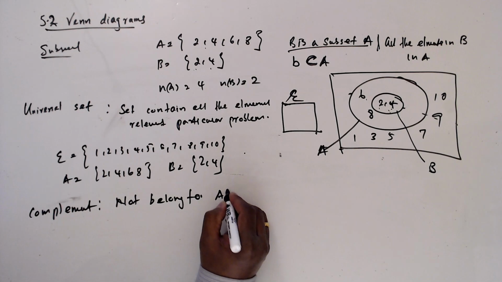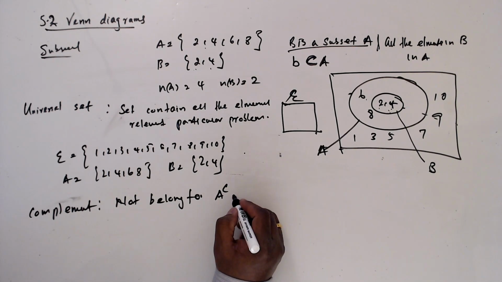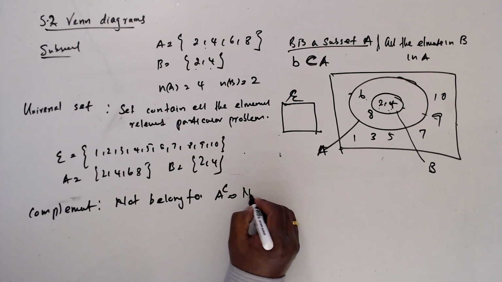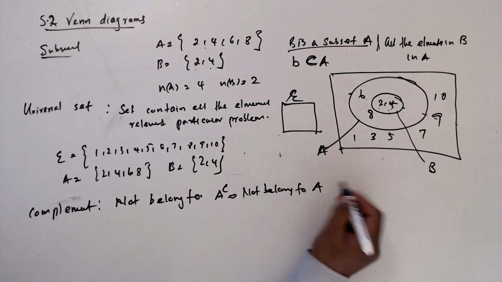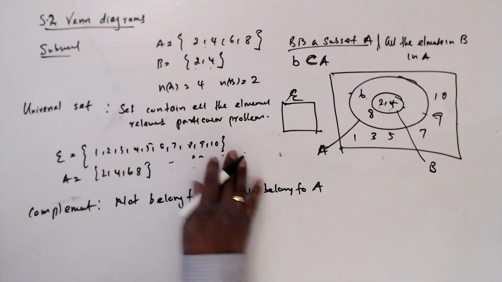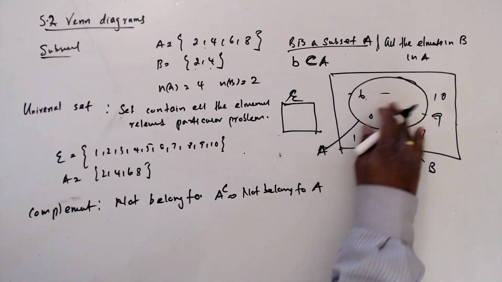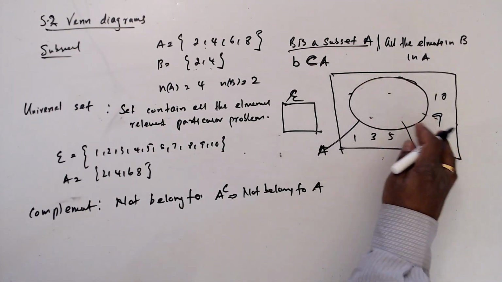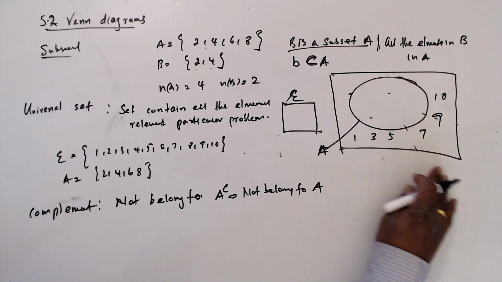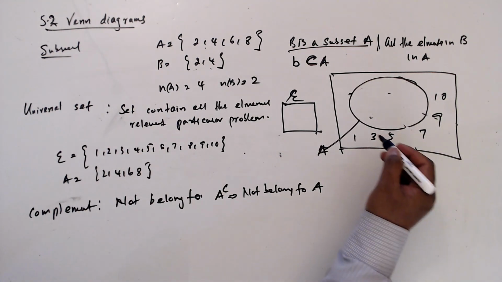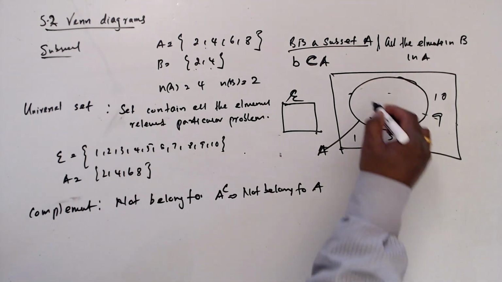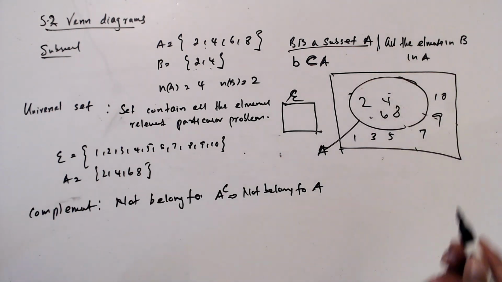So A complement means not belonging to A. What are the elements of A? 2, 4, 6, 8.